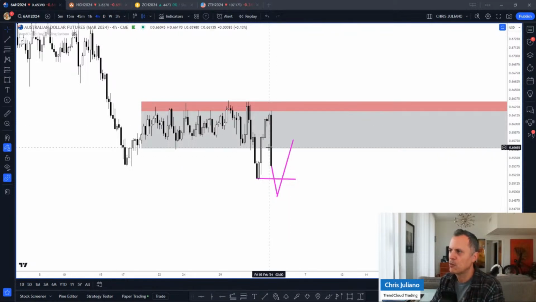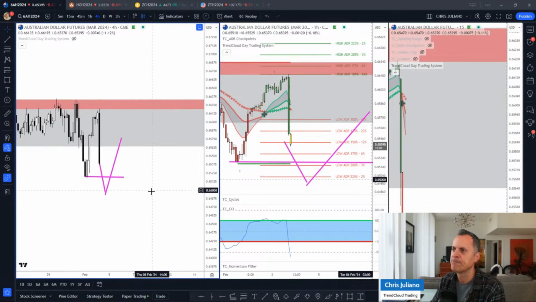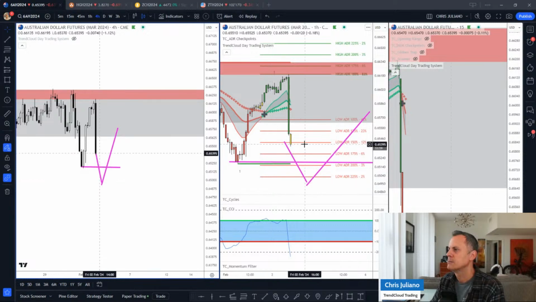We need to look for something like that, right? And it hasn't been formed yet on the lower time frames. Look what we're already hitting. I mean, today we've hit the third ADR checkpoint.